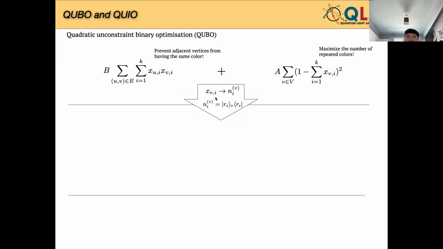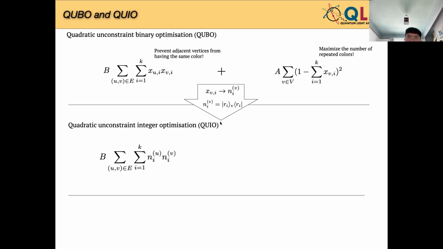And if we do the transformation from binary variable to integer variable, n_i here is actually the projection operator to the Rydberg state, as I will explain in a few slides. And we've got the QUIO, which is a quadratic unconstrained integer optimization, with 2 terms here. If we consider the regime where B is bigger than A, this is the important regime where we solve the graph coloring problem, because we want the penalized energy bigger than the rewarding energy.